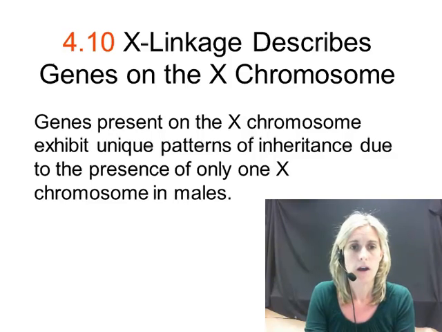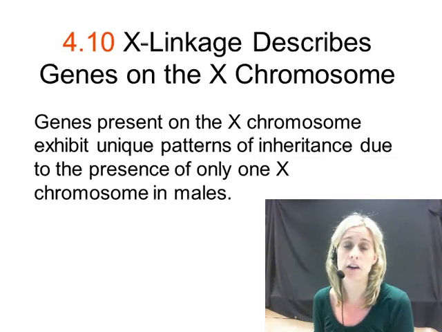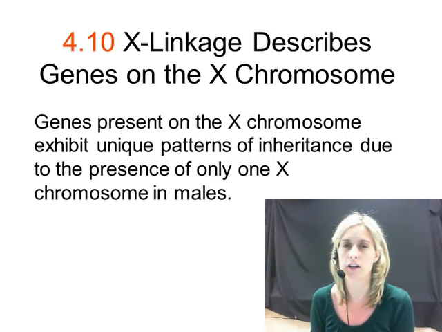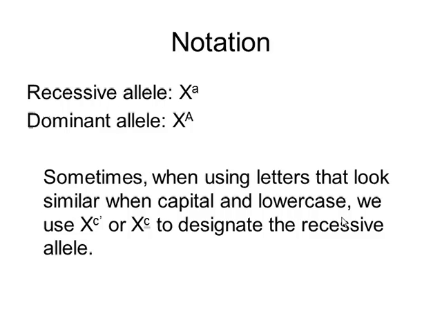One of the most important things to understand is that genes that are only present on the X chromosome are going to show a different pattern of inheritance than normal autosomal inheritance. We use a certain kind of notation when we're talking about this. The X chromosome will show in superscript either a little a or a big A. The little a shows the recessive allele, and the big A shows the dominant allele.